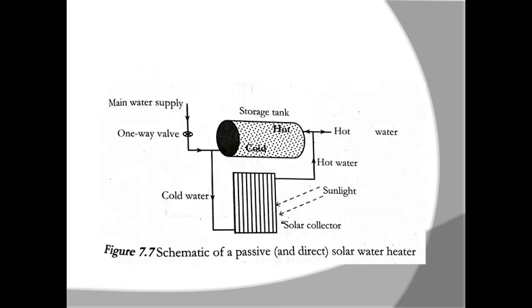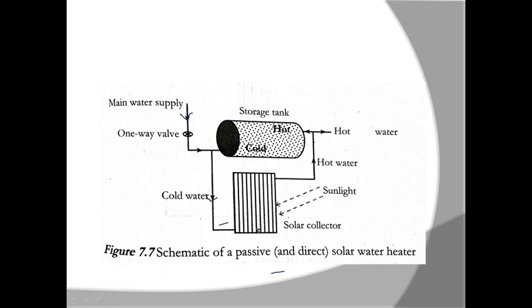So let us see a mechanism. So this is a passive solar water heater. So here, as you can see, the main supply gives water into this tank and the tank is filled with water, first with cold water. This water will be taken down into the solar collector, and as it passes through the solar collector, it will slowly get heated up.